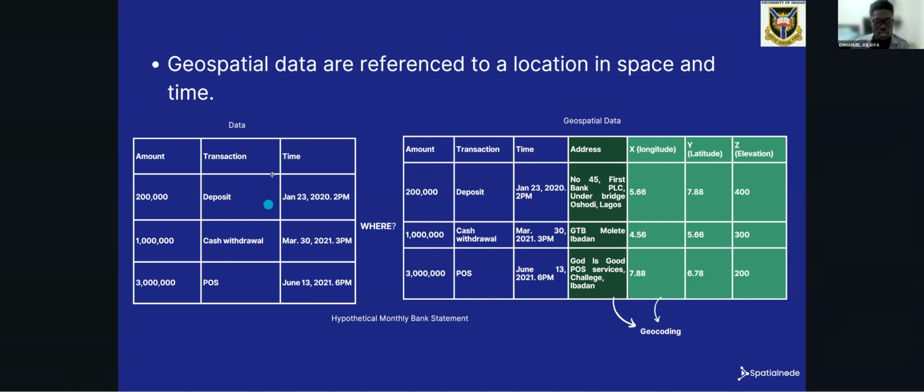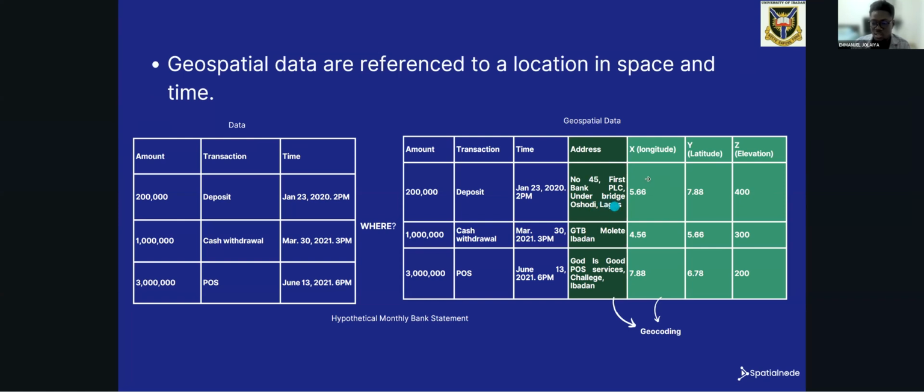And so this slide is just to show us how it looks when you have a normal data set and what can happen when you transform it to a geospatial data set. When you have an address like this and you're trying to convert it to X and Y, because usually in Nigeria we have just addresses, that's usually the starting point. You collect addresses about different things. But those addresses don't really make sense to computers. They don't understand that somewhere is posted in Nigeria.